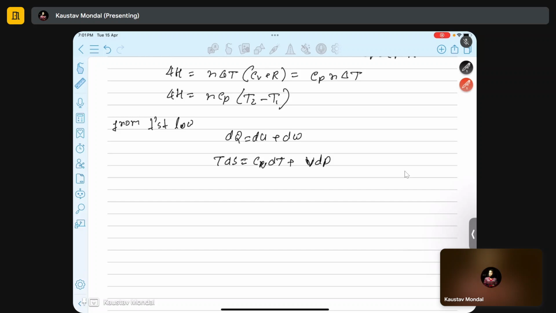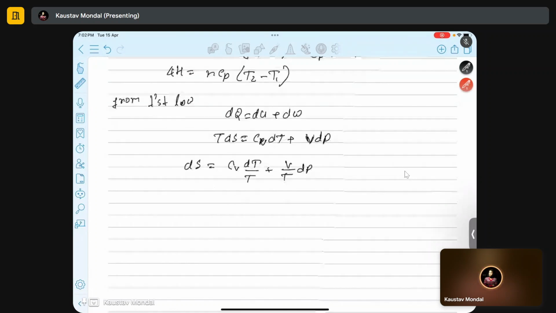Now from here, what you can do, T ds would be simply Cv dT by T plus V by T into dP.